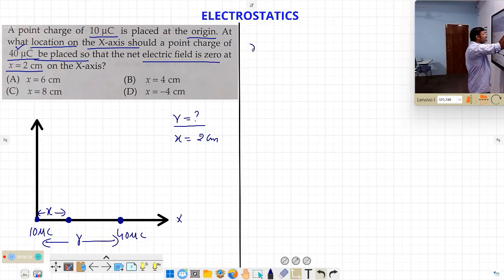So the concept for the neutral point: the distance of the neutral point is given by x equal to r by 1 plus or minus under root of q2 by q1. Plus is used if they are like charges, minus if they are unlike charges. In this case both charges are like charges, so x equal to r by 1 plus under root of q2 by q1.